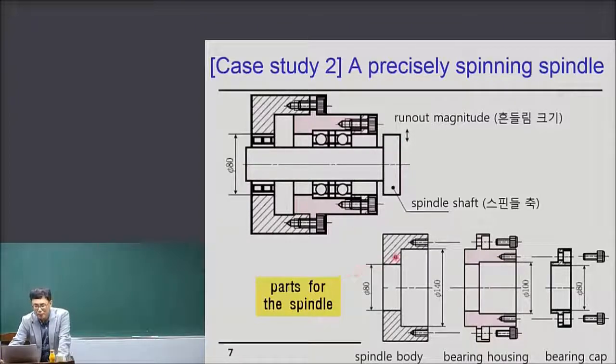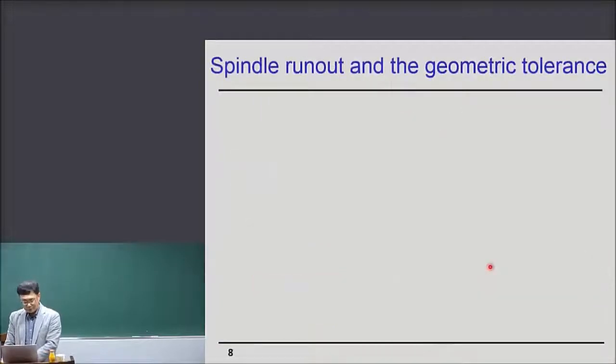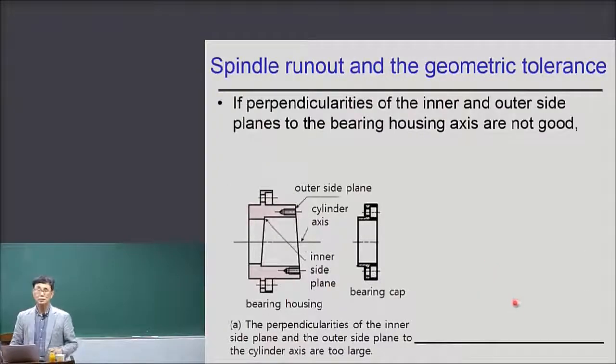Anyway, if you disassemble this unit, then you can see there are so many parts. So this is a bearing housing where this bearing is inserted and sustained. And spindle runout is a geometric tolerance.